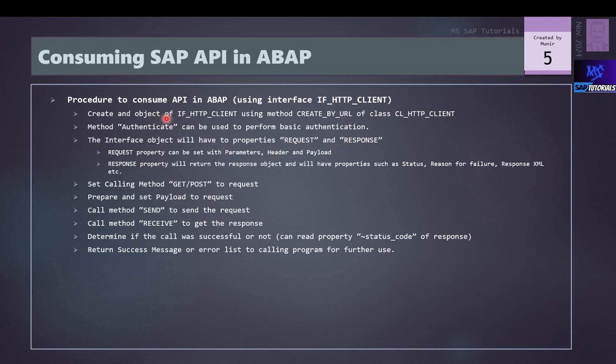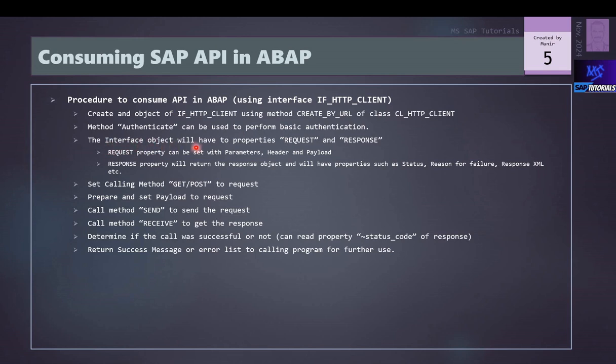What we have to do is create a global object of type IF_HTTP_CLIENT, and using the method create_by_url we just create an object. Now this object will have different methods. A few methods that we need to use I have just mentioned here. The authenticate method will be used to perform the basic authentication, like user ID and password you can provide.